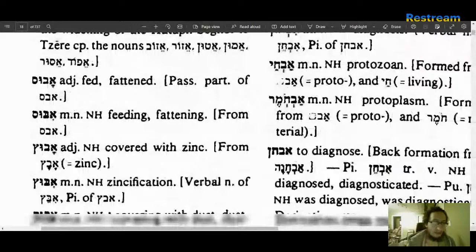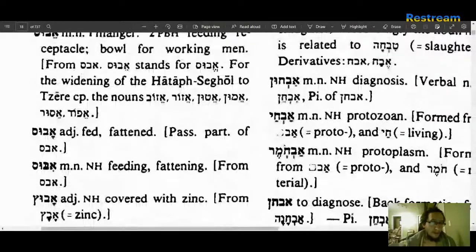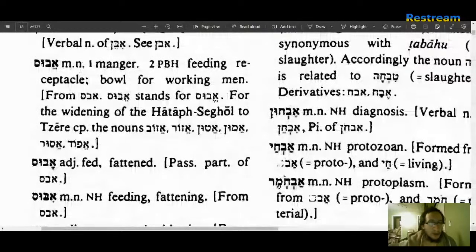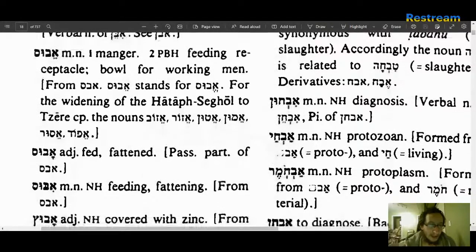Okay, so we'll stop there. So Abbas is related to the manger or feeding trough for animals. Could be extended to humans as well, but it means like to feed, a place of feeding, or it could be feeding itself.